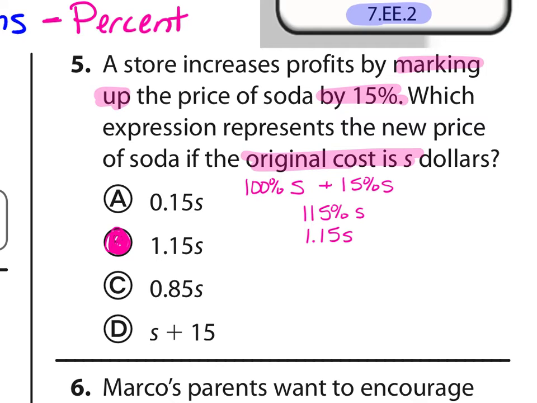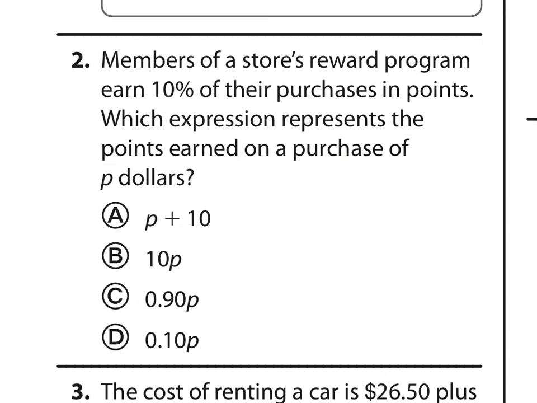I'm going to go back to problem number 2. Members of the store's reward program earn 10% on their purchases in points. Which expression represents the points earned on a purchase of P dollars? It's not asking for the total cost or anything like that. It's just what amount of money is earned from these reward points.